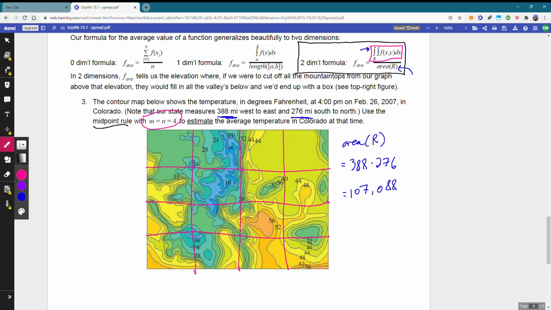And now we just need to figure out the midpoints of each, and I'll use the very accurate method of eyeballing them, to get our midpoints going on here.